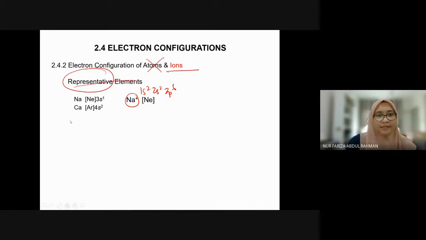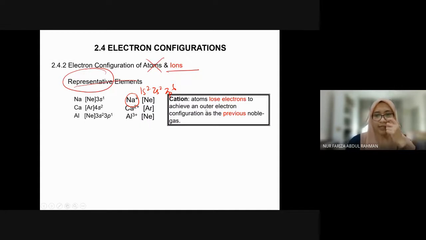So this is the electronic configuration for sodium plus, or it can be written as neon in condensed form. Okay, and then we have calcium. So this is how calcium 2 plus, this is the condensed one. Okay, aluminium 3 plus. This is for cation. So cation, dia remove the electrons to achieve an outer electron configuration as the previous noble gas. Okay, why? Remember dia nak become octet kan? So dia punya reference, dia punya inspiration dia siapa? Group 18. Okay, group 18 like hydrogen from group 1.